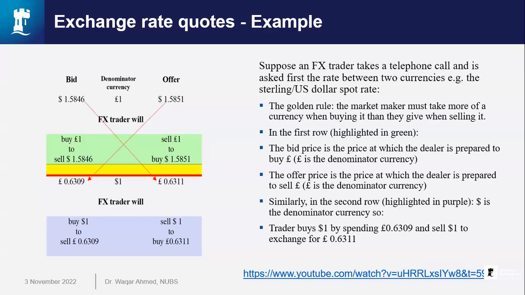So the rule we know of trading is: buy at a low price and sell at a high price. So what do we see in the green highlighted area?